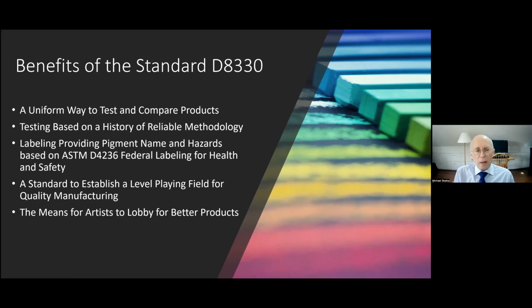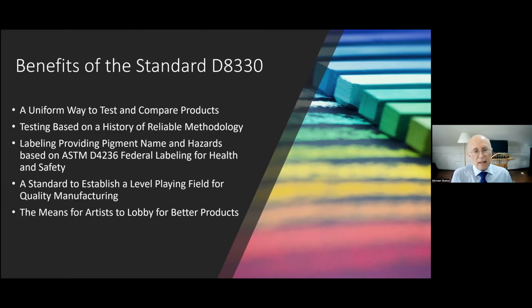So part of what we also want to establish in any standard is to provide the labeling that we do for D4236, which should actually already be there for pastels as well as everything else. So any hazards that those materials might possess that need to be given to the end user so that they understand that, as well as labeling of the pigments so that they know what pigments are there.